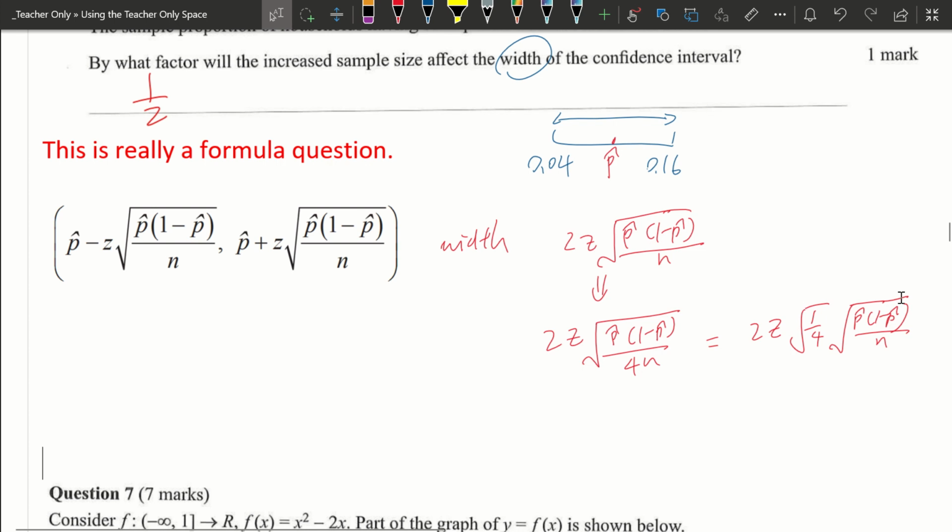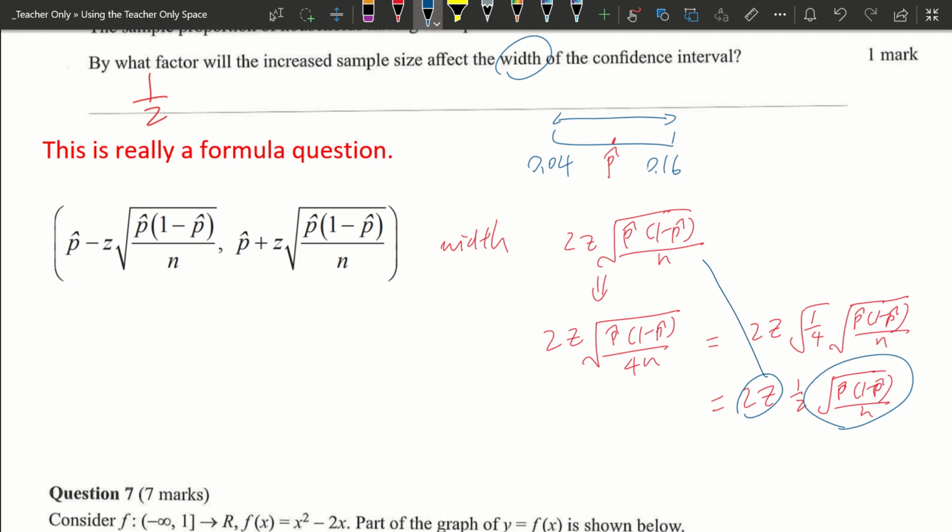If you multiply the 2 square roots together, the 1 over 4 just goes into the bigger fraction. Square root 1 over 4 becomes a half. So everything else, 2z and this monster here, is all the same as the original width.